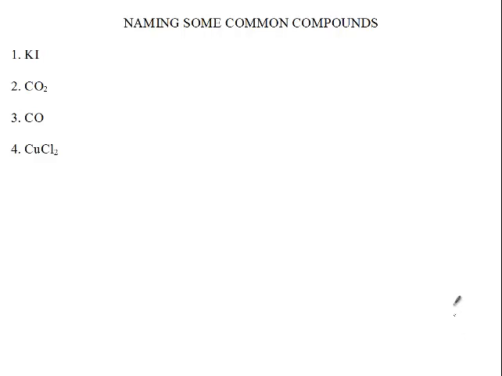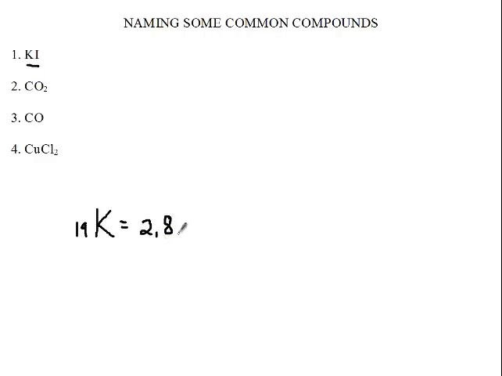Now let's try and use the rules to name some binary compounds. Here we have KI, potassium and iodine forming a compound. When you go on the periodic table, you are going to see that potassium has atomic number 19. That means when you want to share electrons, the first shell is going to take 2, the next shell is going to take 8.